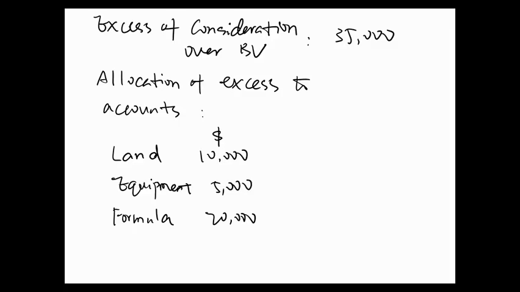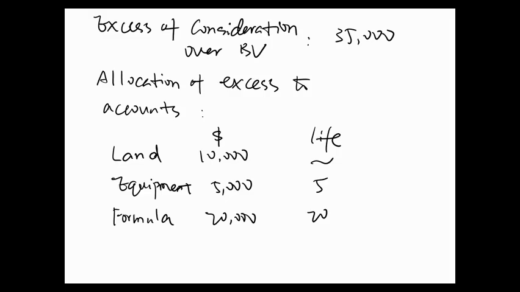Okay, so next let's complete this schedule with the excess annual amortization, which means that we need to know the remaining life of those assets. So do not depreciate land. Equipment has a 5-year remaining life, and the formula has an estimated 20 years of life.